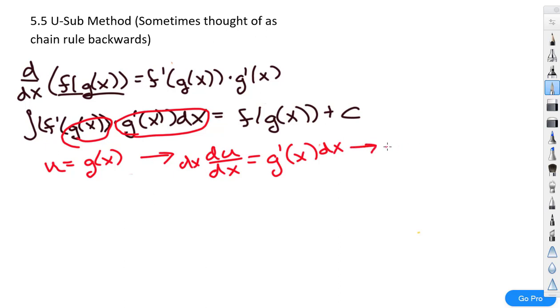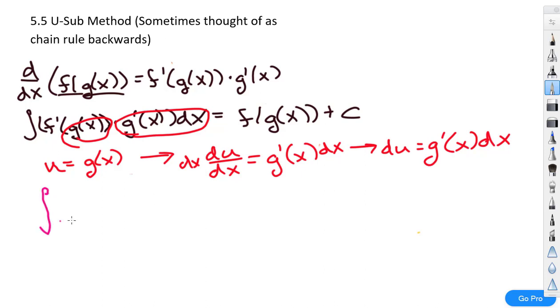And what I'm going to get is that du equals g prime of x times dx. Which is great, because now I can rewrite this entire thing in terms of u.